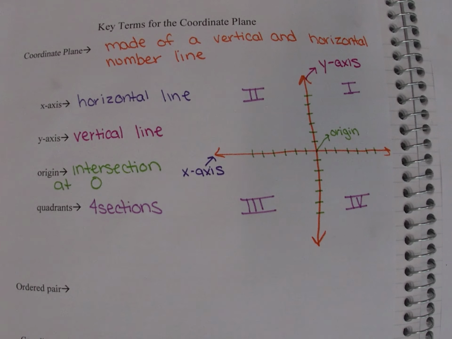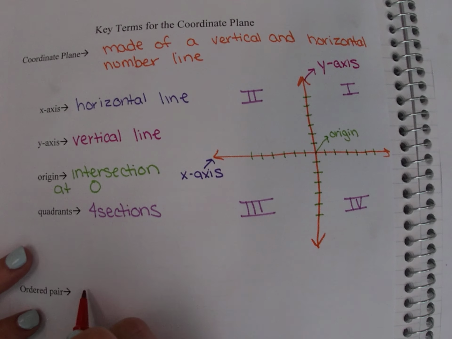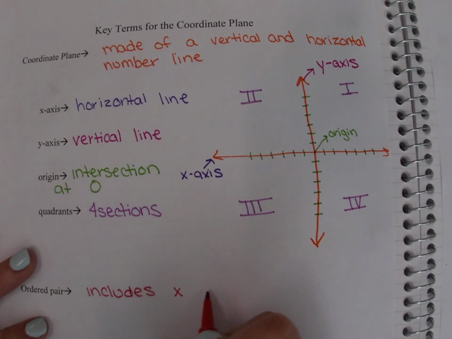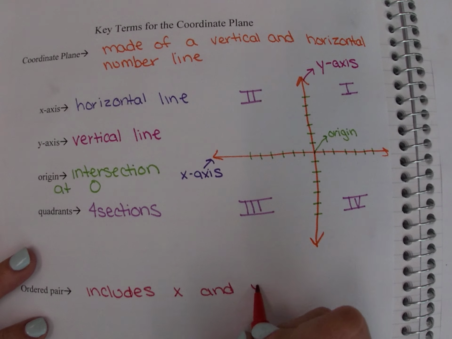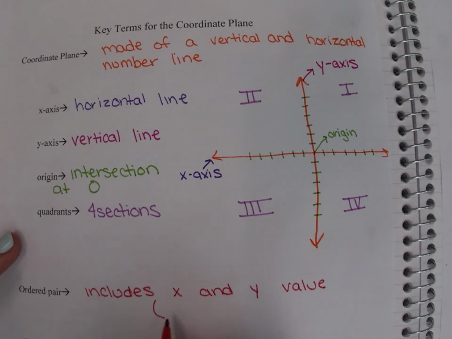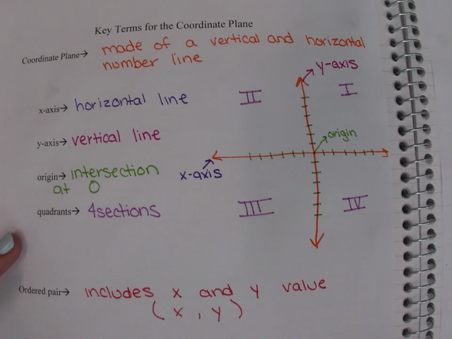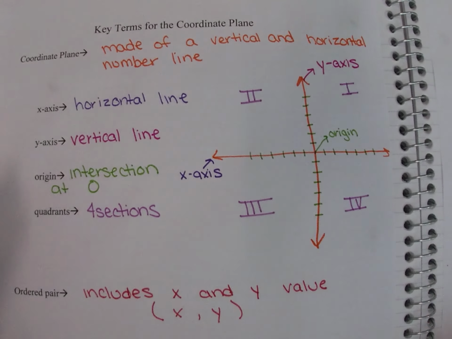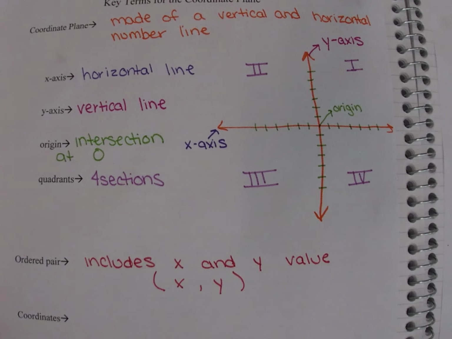An ordered pair is then what we can plot in that coordinate plane. So every ordered pair consists of both an x and y value. Okay, so we write these in parentheses with our x value always going first and our y value always going second.